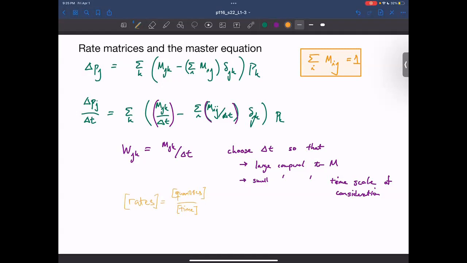And here, W is going to be probability per time. So that's our rate. And then we can plug this into this overall equation.